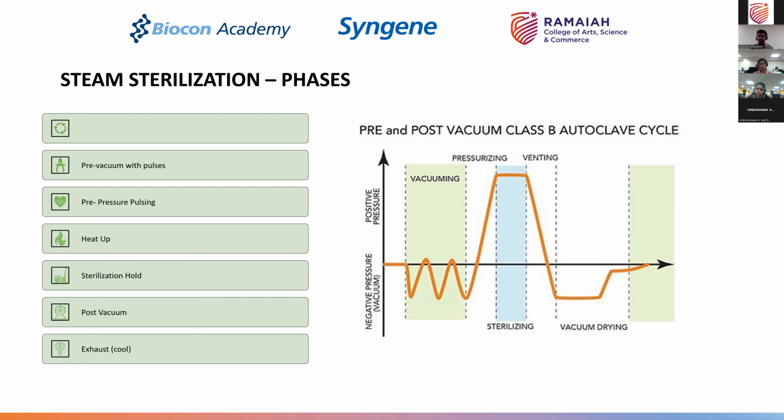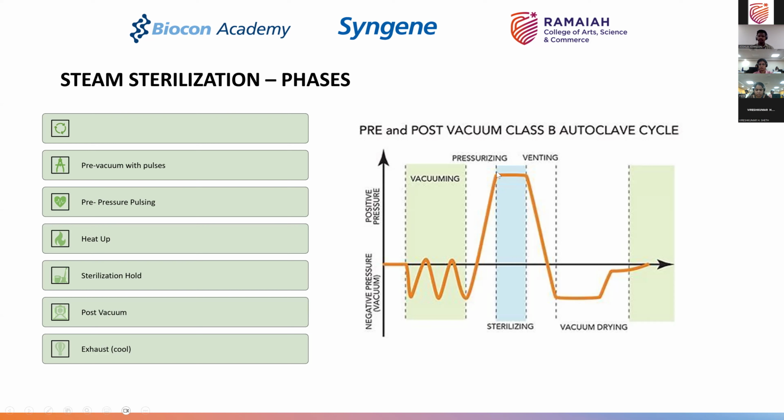That is in the three-phase system. The vacuuming, pre-pulsing, and air evacuation is called the preconditioning phase. The heat up is where the exposure phase starts, because you are now starting to heat up the material and expose it to moist heat. So that is the heat up period or the heat up cycle.